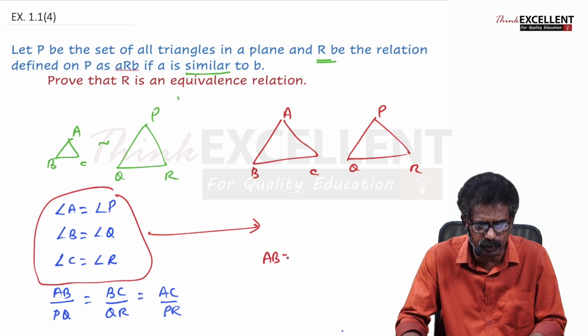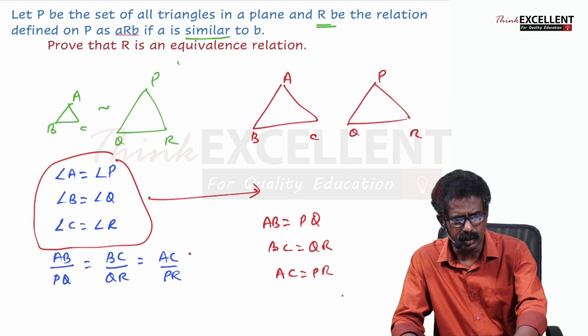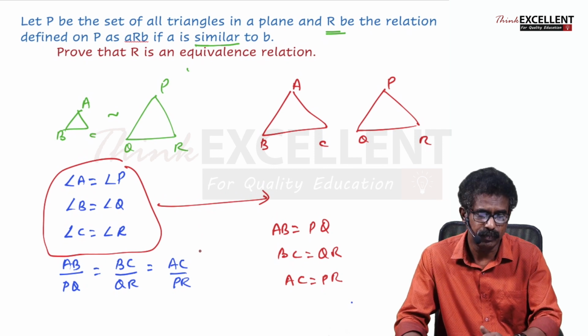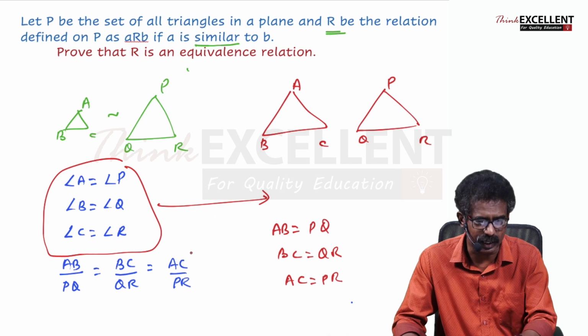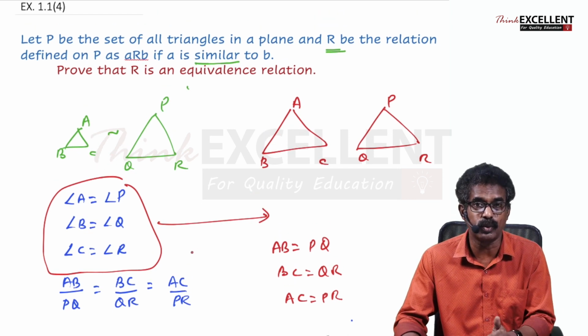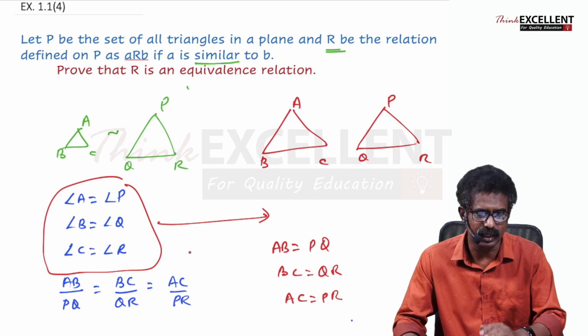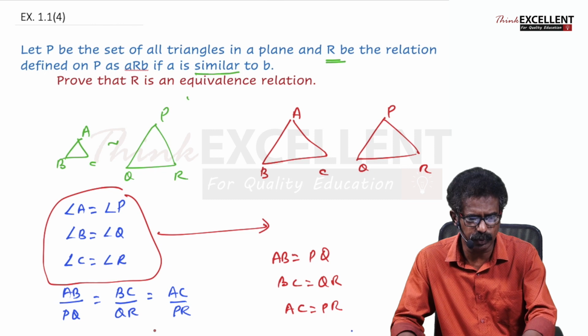That is AB equals PQ, BC equals QR, AC equals PR. So these are the differences between similar triangles and congruent triangles. Actually, you don't need to write all these things, it is just for you to understand. So the question they may ask, similar triangle or congruent triangle, both satisfy an equivalence relation. Now we have to prove it is an equivalence relation.